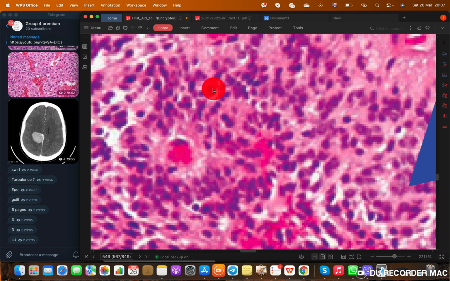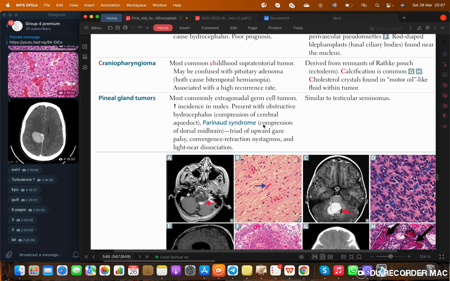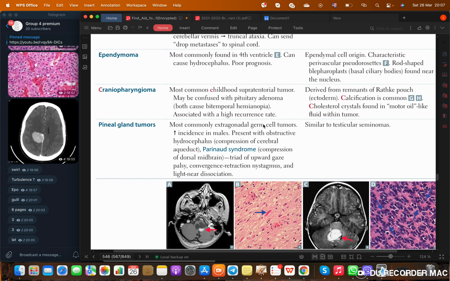So you can see the rosette here, and in the middle you can see the blood vessel. In the Homer Wright rosette, in the middle there was the neuropil, a tube basically. Ependymoma also has rod-shaped blepharoplasts, which are basal ciliary bodies found near the nucleus.